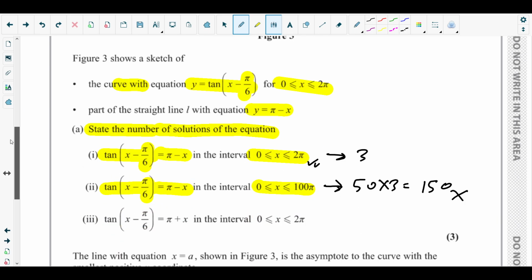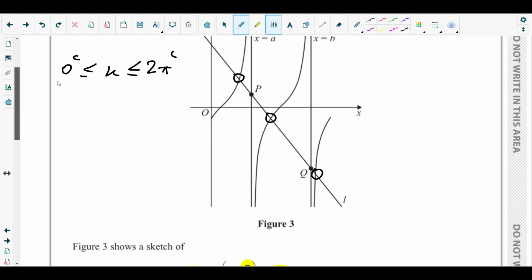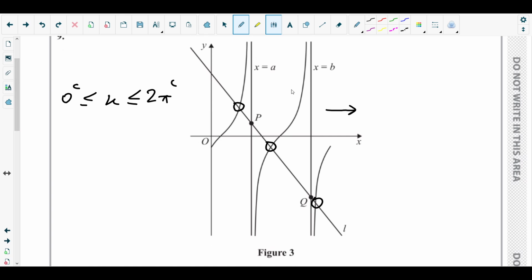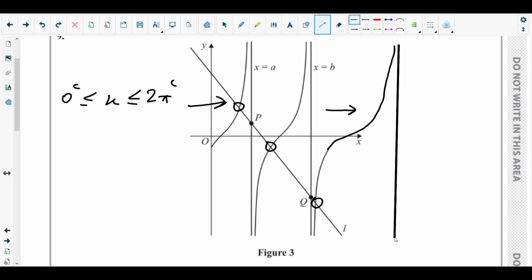Since L is a straight line, as you progress to the right, the positive intersection will disappear. Let me show you using a figure. If I extend the graph, it goes like this, and there will be an asymptote later on. Is there any part of line L on the positive y-axis?